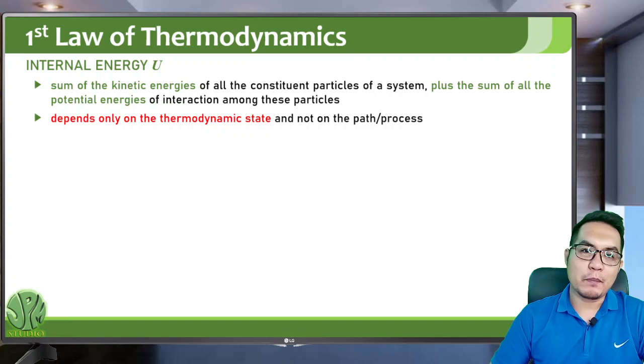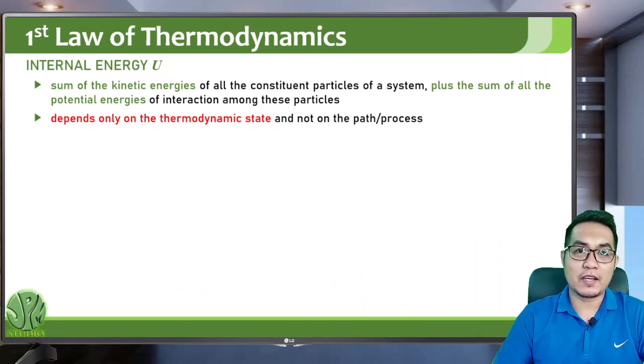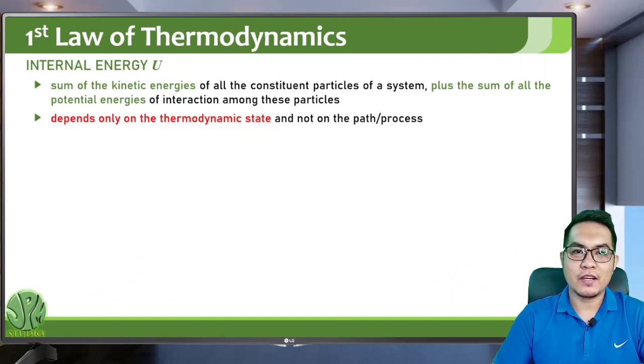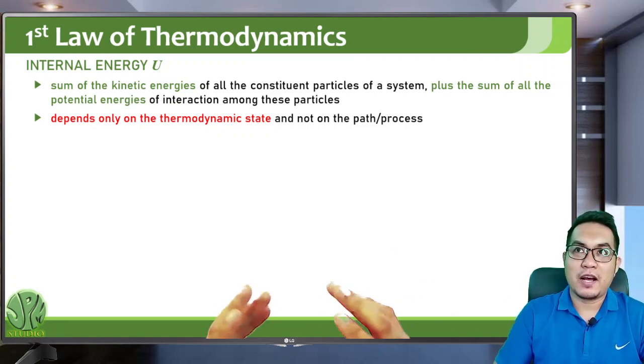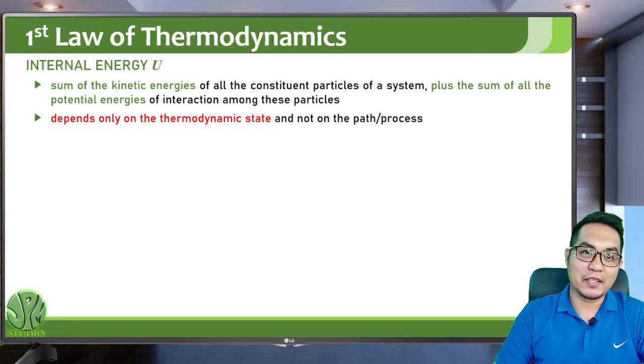It only depends on the thermodynamic state, not on the path or the process, meaning it only depends on the initial and the final thermodynamic states. It's just like gravitational potential energy. It doesn't matter how you climb up a building. What matters is the change in height.